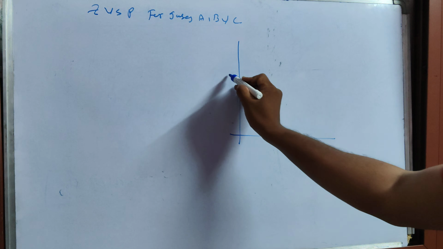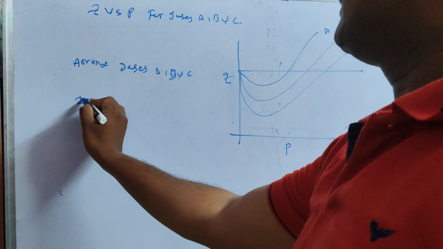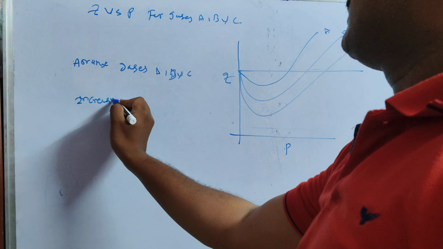This is the A graph, this is the B graph, this is the C graph.